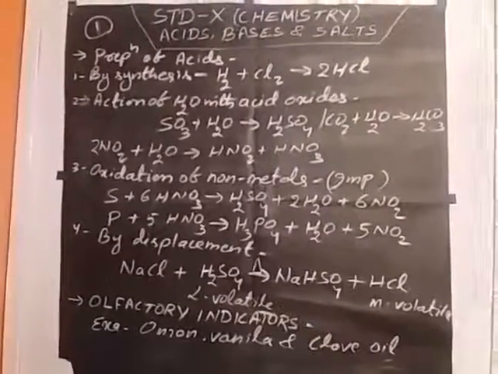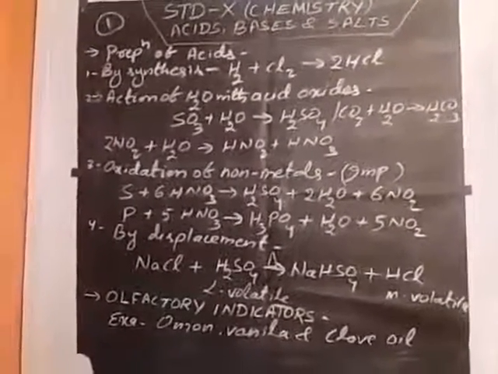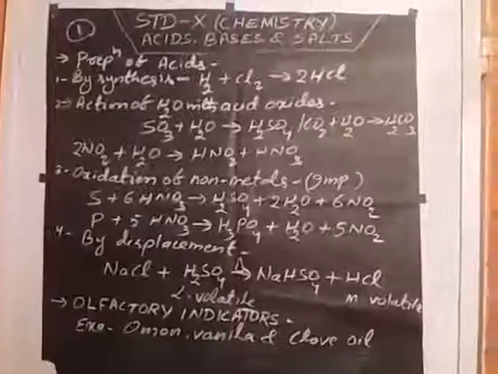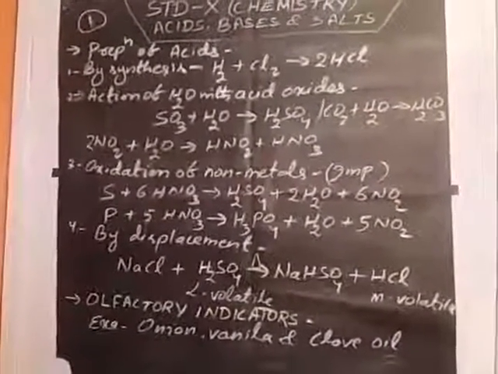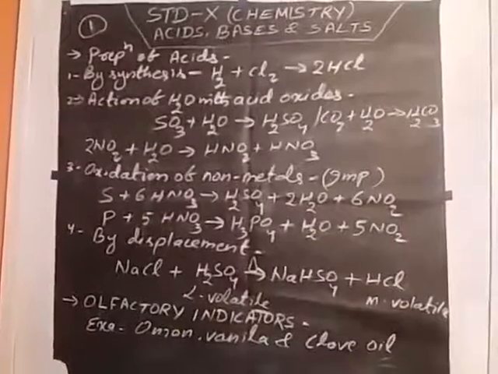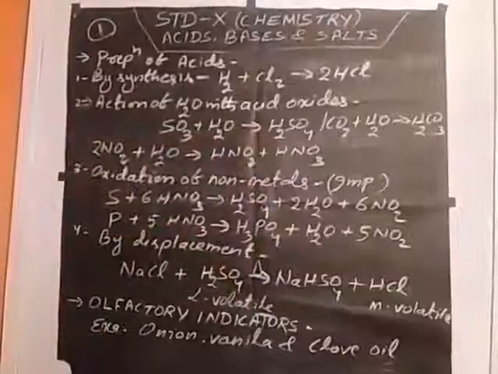Hydrogen reacts with chlorine to form hydrogen chloride. These are binary acids, by synthesis. Hydrogen added with bromine, hydrogen added with sulfur gives hydrogen sulfide. Then action of water with acid oxides or non-metallic oxides. Generally acids are prepared by this method.